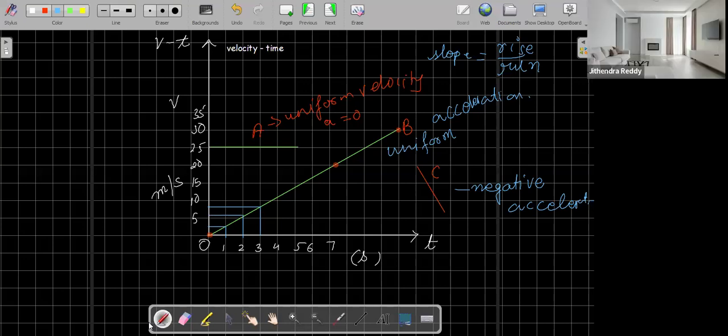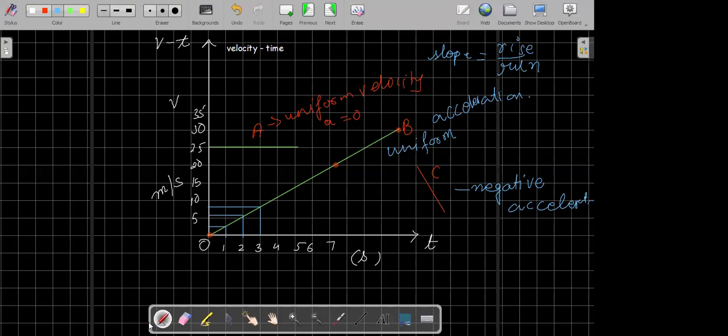Yes, sir. So what is graph C representing? It is representing the decrease of speed with time. So if you make a speed time graph, graph C will represent a decrease of speed with time. So even graph C is possible. Okay. All these graphs are possible.